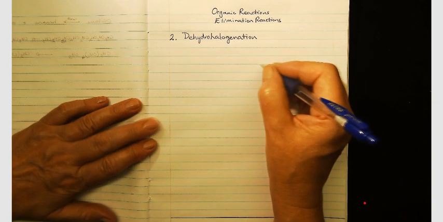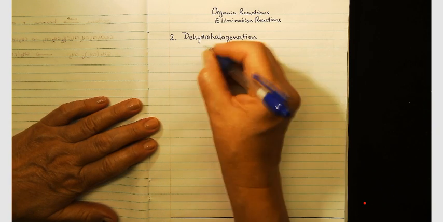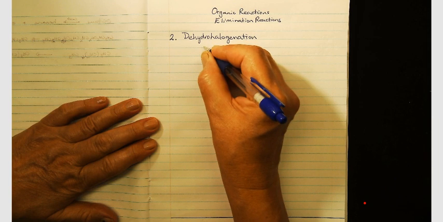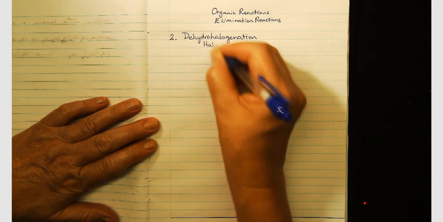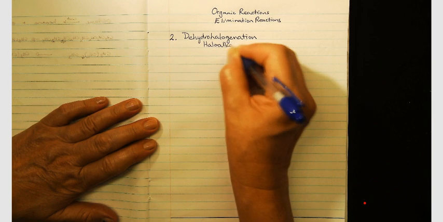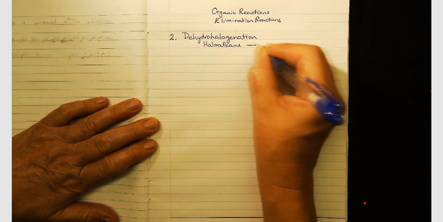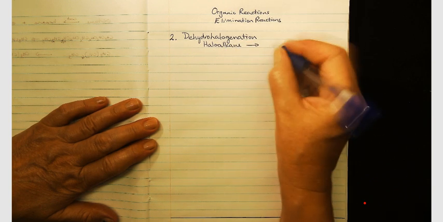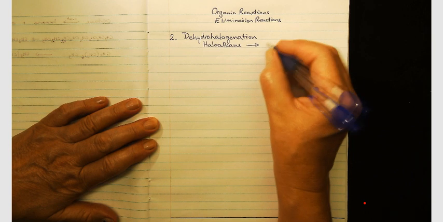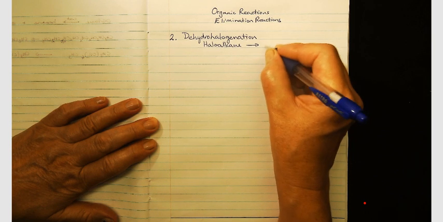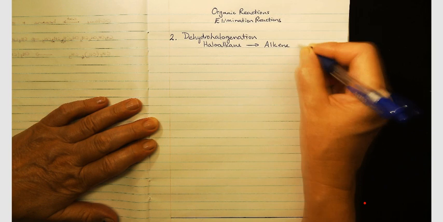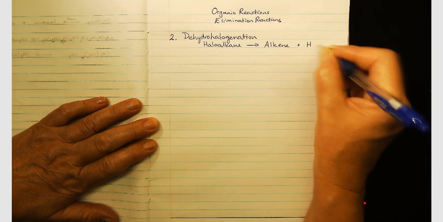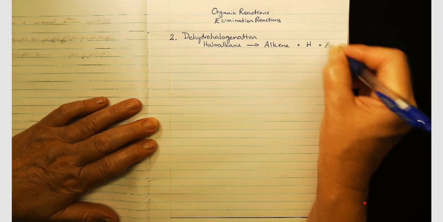With dehydrohalogenation, you remove a halogen and a hydrogen from a haloalkane. Removing the halogen and the hydrogen from a haloalkane will form an alkene, and it will set a hydrogen atom free as well as a halogen atom.